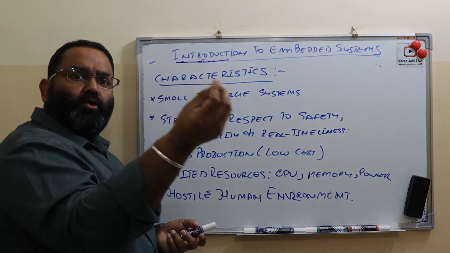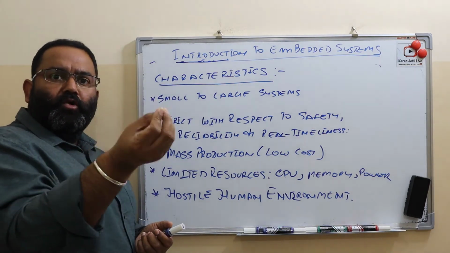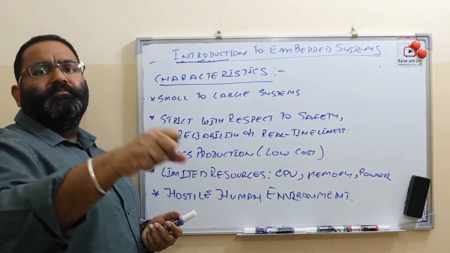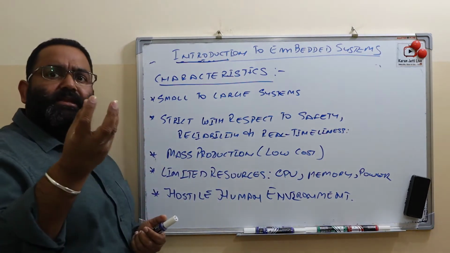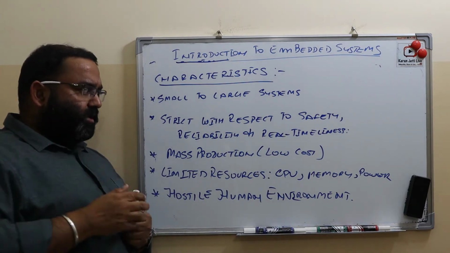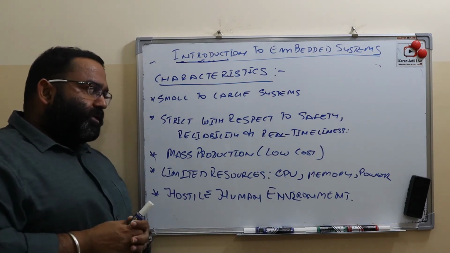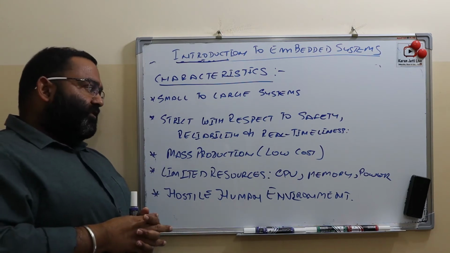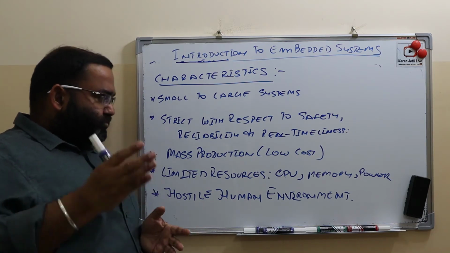It is just a small microcontroller or small computer which is designed to control only one type of device. So they have very limited resources in terms of CPU processing power, memory, and power itself.